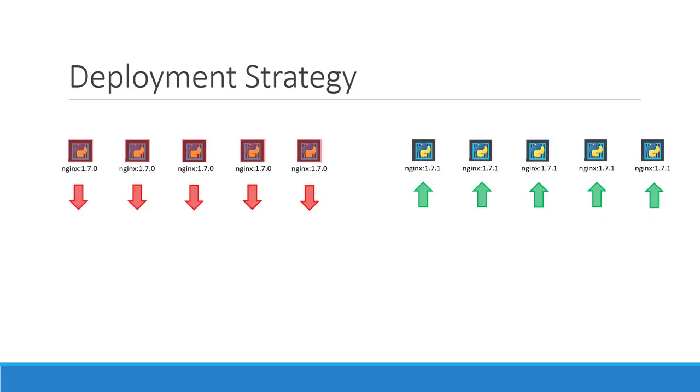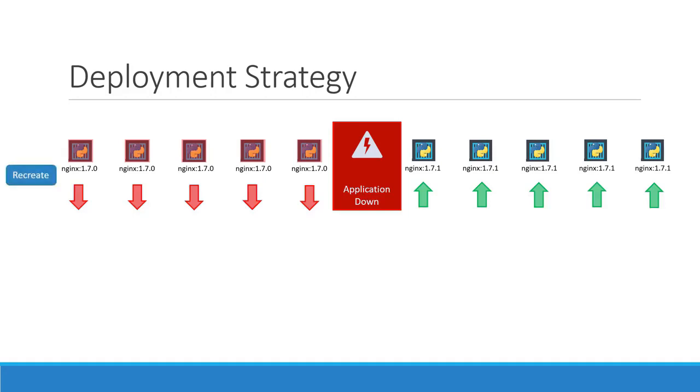The problem with this, as you can imagine, is that during the period after the older versions are down and before any newer version is up, the application is down and inaccessible to users. This strategy is known as the recreate strategy, and thankfully this is not the default deployment strategy.